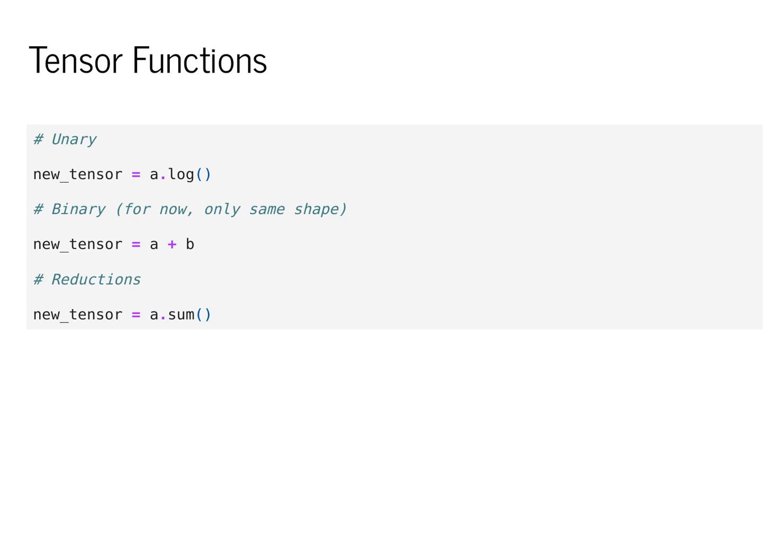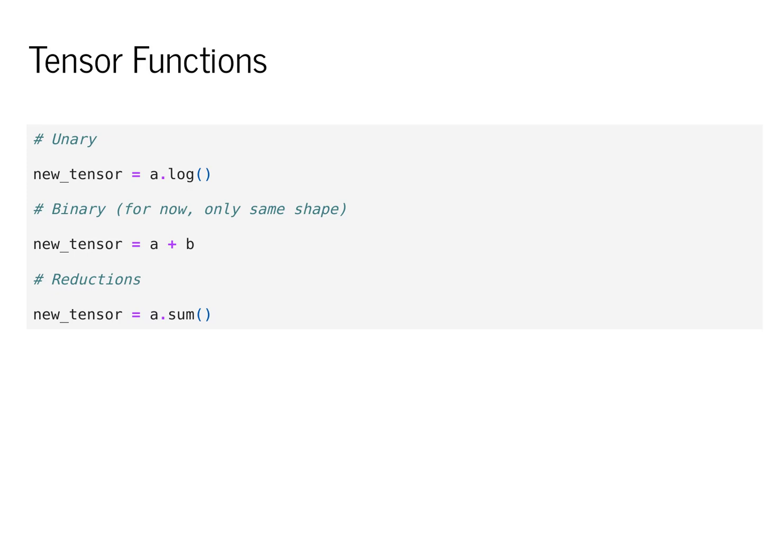When we call A plus B, we'll get a new tensor that consists of the element-wise sum of all of the elements in A plus all the elements in B. Finally, we'll have reduction-style functions. Reduction will apply to every element, and in this case here, it will return a scalar that consists of the sum of all the elements in tensor A.